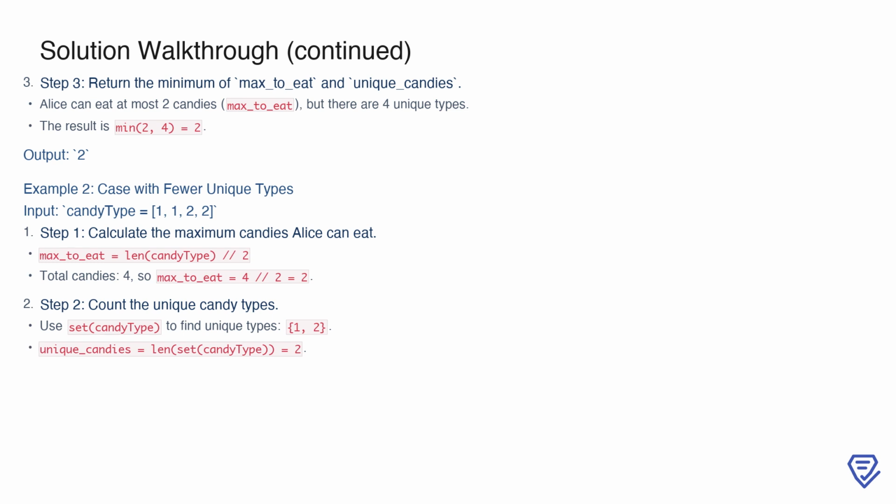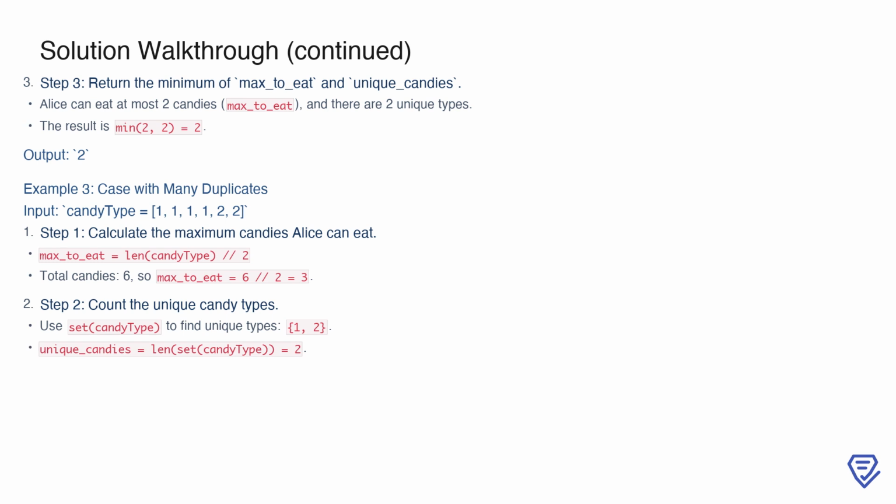In this case, the unique types are 1, 2, so unique_candies is 2. With this new input, Alice can still eat at most 2 candies, but this time there are only 2 unique types available. To determine the result, we again take the minimum of max_to_eat and unique_candies. The minimum of 2 and 2 is 2, so Alice can eat 2 unique candy types.